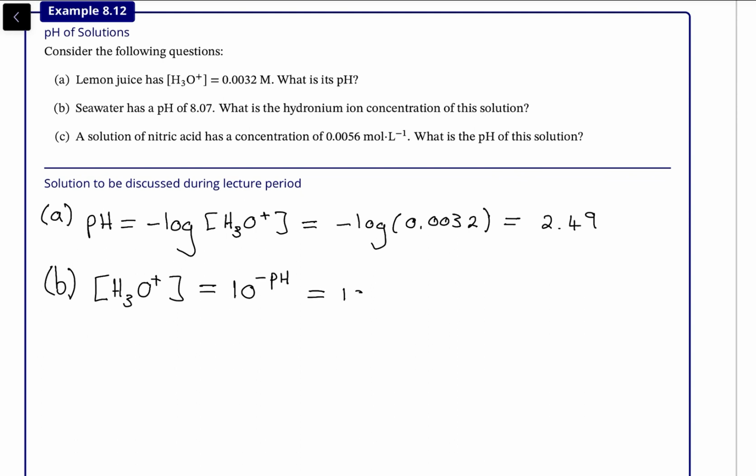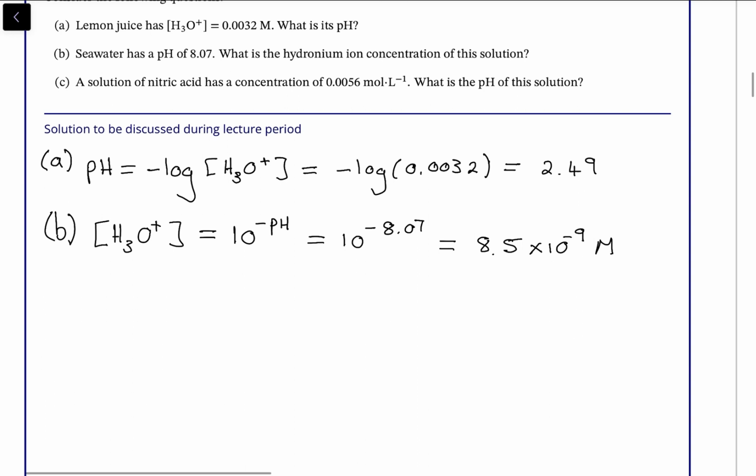So it means 10 to the negative 8.07. Put that into your calculator, and you should find 8.5 times 10 to the negative 9 molar. And notice now, it's two significant figures, and once again, why? We'll talk about that just now.